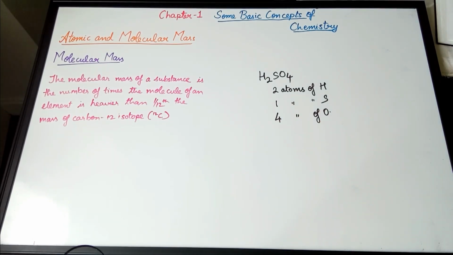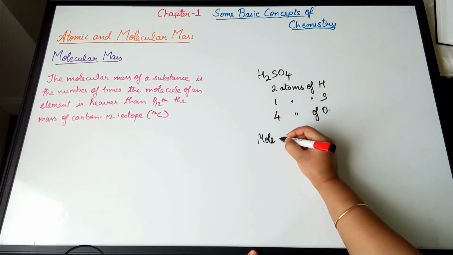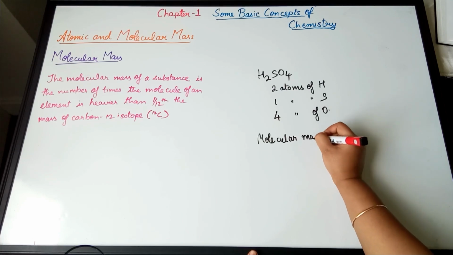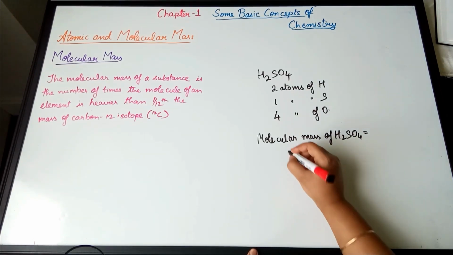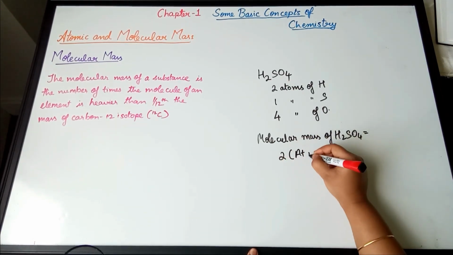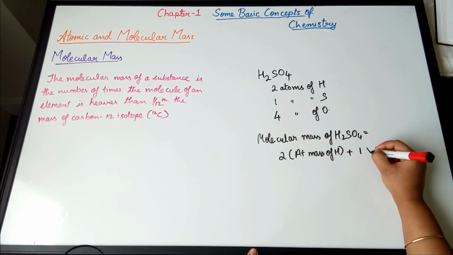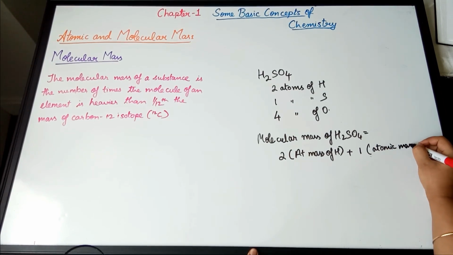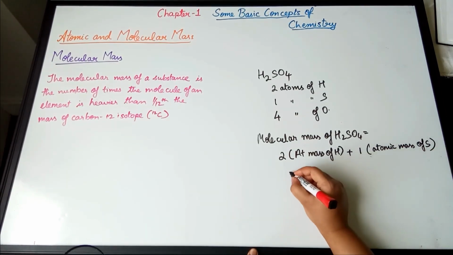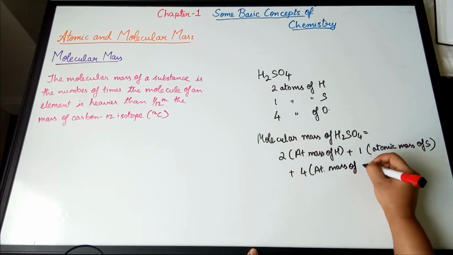Now, we will just have to add up the individual masses, which means the molecular mass of H2SO4 will be equal to 2 into atomic mass of hydrogen plus 1 into atomic mass of sulfur plus 4 into the atomic mass of oxygen.